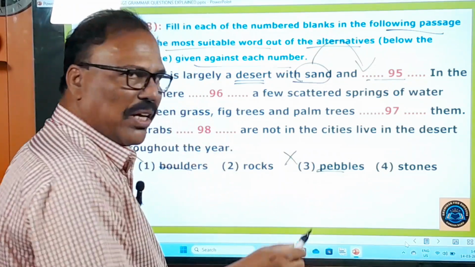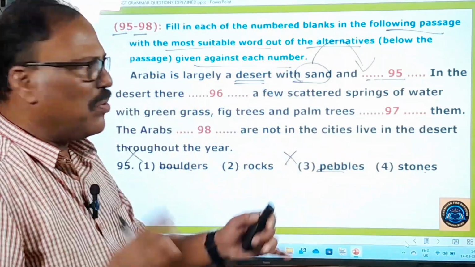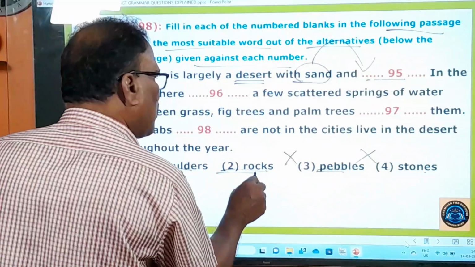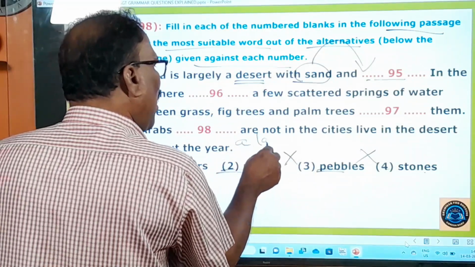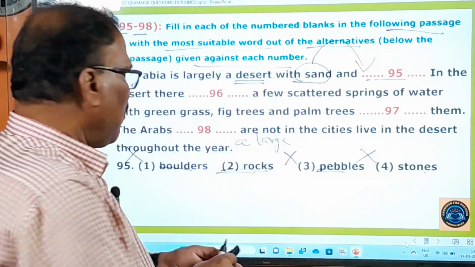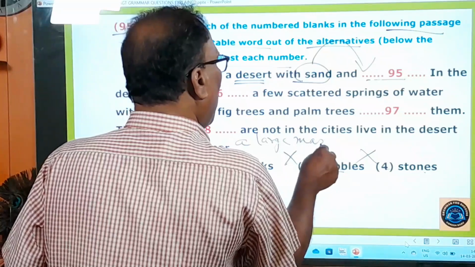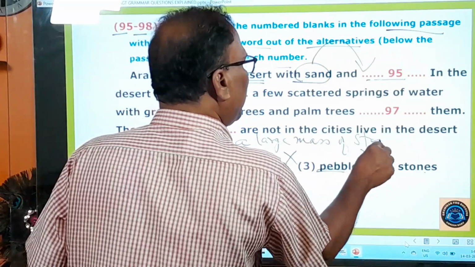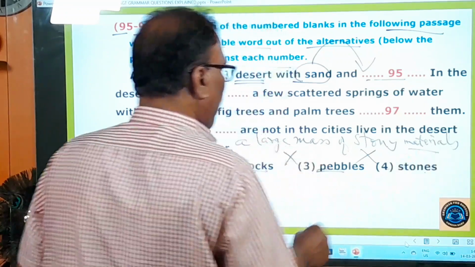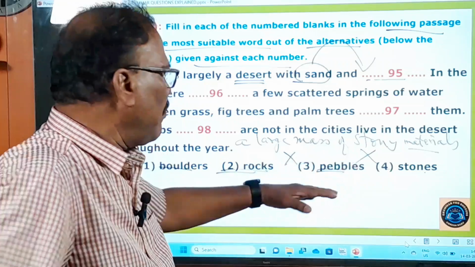In Telugu, you say gulakaralu, something like that. And stones means big stones, so these stones you don't find in the desert. You find only rocks. Rocks can mean big rocks, but here rocks has another meaning: a large, extensive mass of stony material.